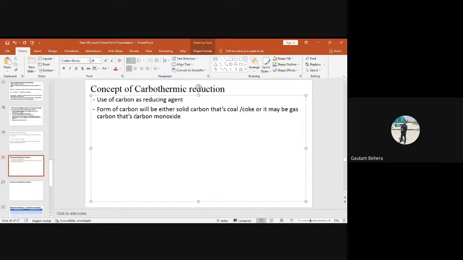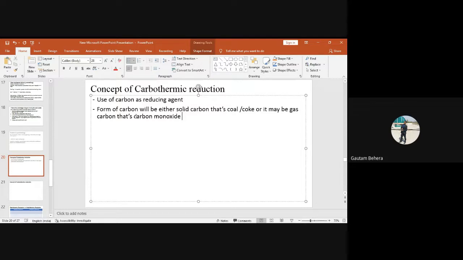It is okay now. So if during smelting or reduction we are using carbon like coal or coke, or we are using carbon monoxide as a reducing agent, those are called carbothermic reduction processes or carbothermic processes.